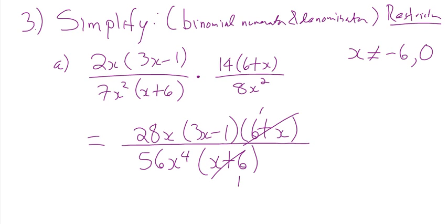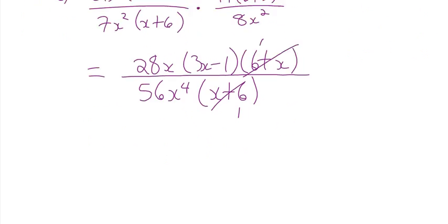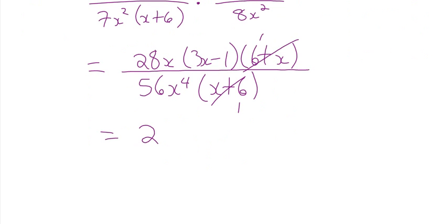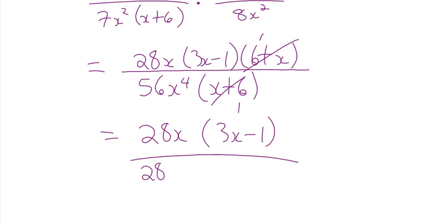Now, does anything else cancel? Well, we know, yeah, these guys are going to simplify down, so let's just give it another line. So 28x will be the common. And we'll take a 28x out of the 56x to the 4th, leaving me with. So 28 times what gives you 56? 2.